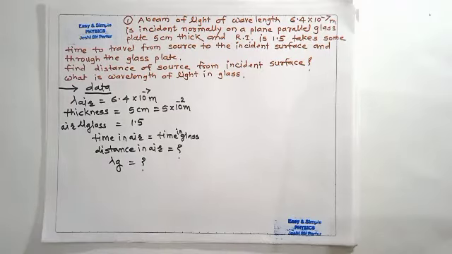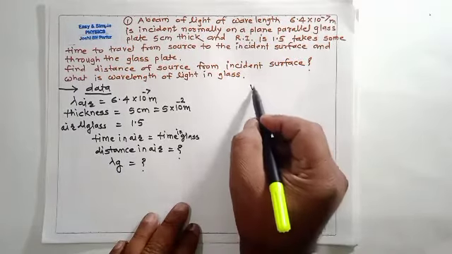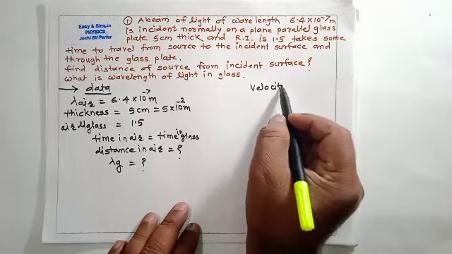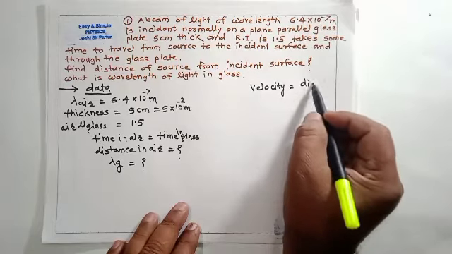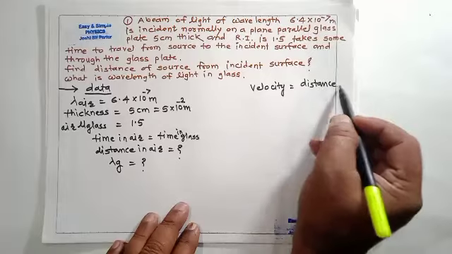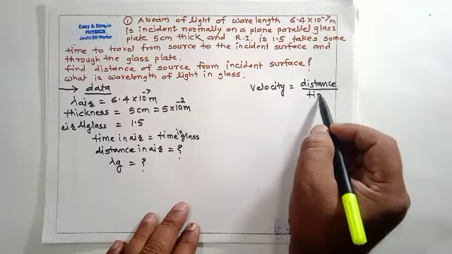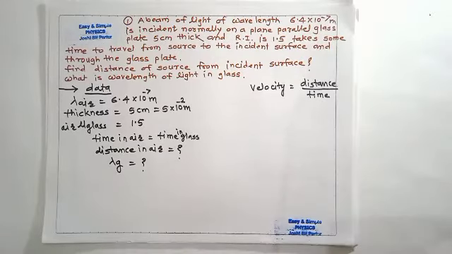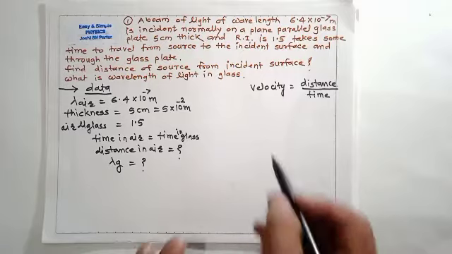First of all, we know the formula for velocity is equal to distance divided by time. Using this formula, we can find out time.